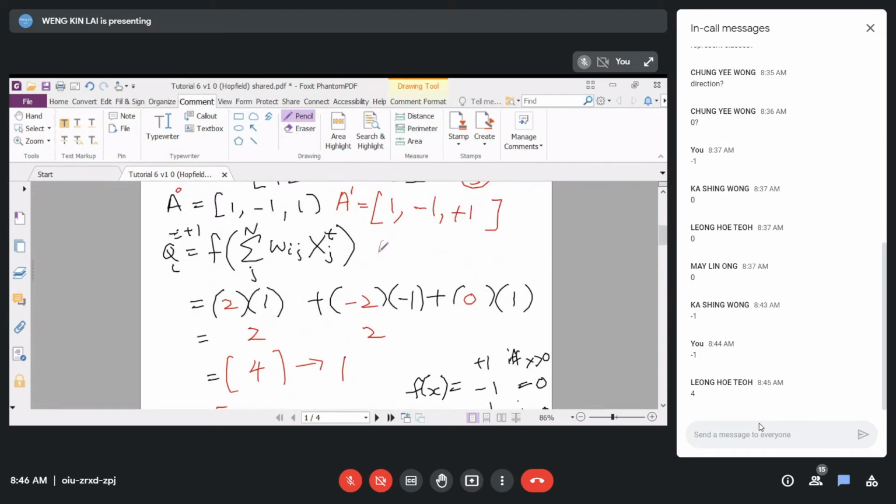So now when t equals 2, I calculated t equals 1. Now I want to calculate t equals 2.